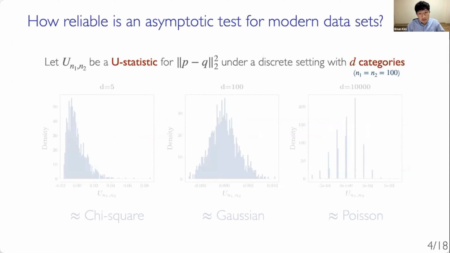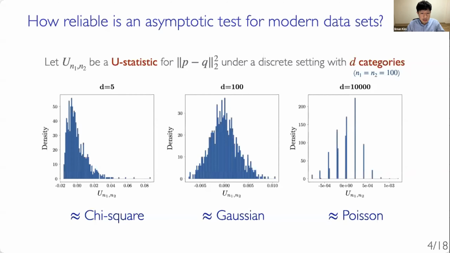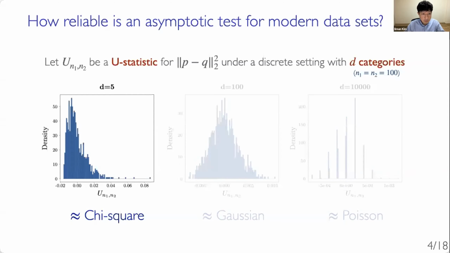And here, the detail on this test statistic is not so important, but the main message that we can get from this test statistic should be clear. So here are three histograms of the null distribution of the test statistics by changing the number of bins denoted by D from 5 to 10,000, while fixing the sample size to be 100.